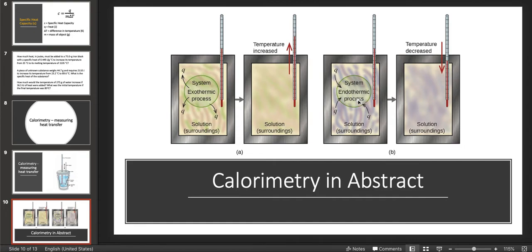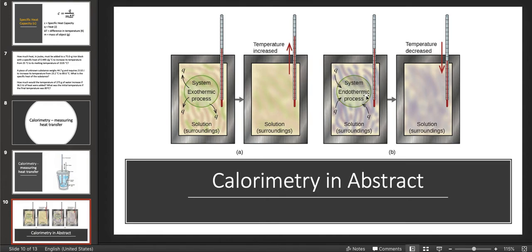And as it does that, because my thermometer is measuring the temperature of my surrounding, I will see a drop in temperature, because the heat is leaving my surrounding to go into the system. This is going to continue until the system and the surrounding reach thermal equilibrium, meaning they're at the same temperature.